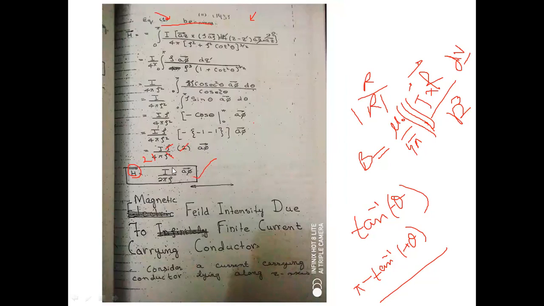So now the direction of H will be in the direction of a phi, because a z cross a rho is equal to a phi. a z is a unit vector, a rho is also a unit vector, so we get a phi for this expression.